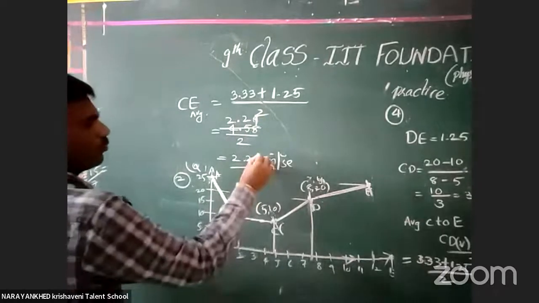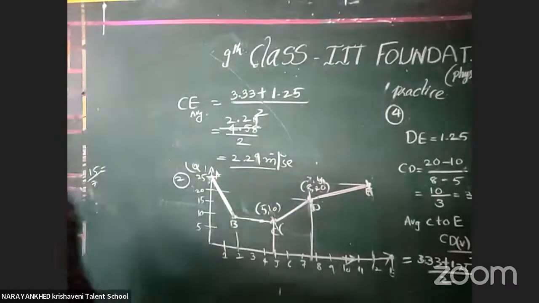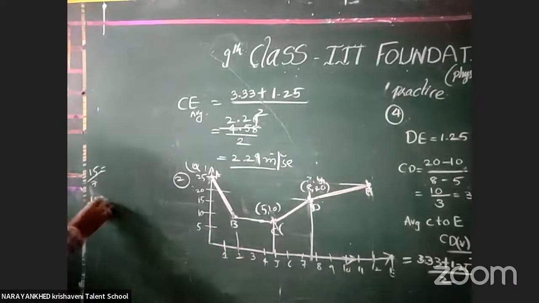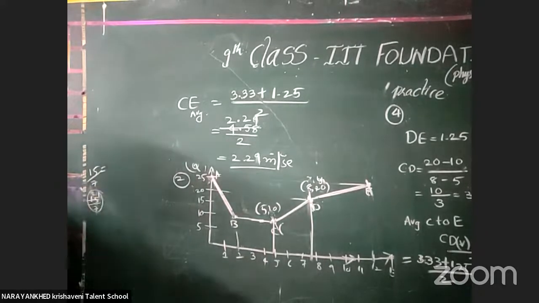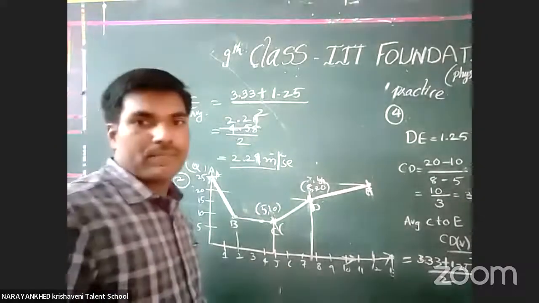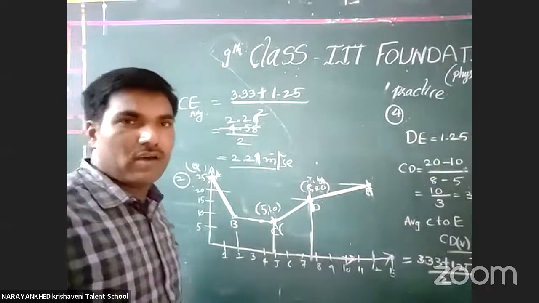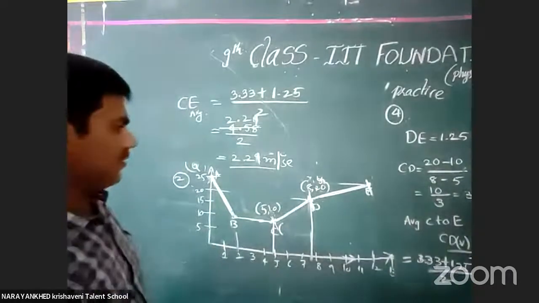Sorry, 2.29. Got it? Yes, this is the way we have to find out, one linked with another one. Okay. Yes. Next.